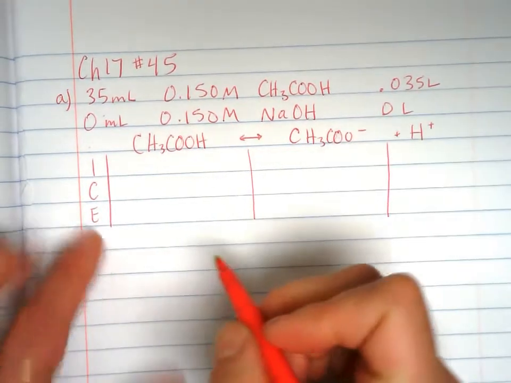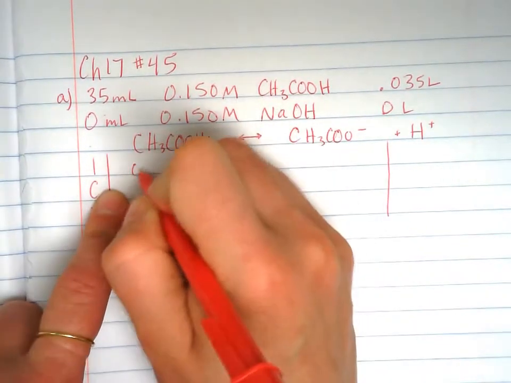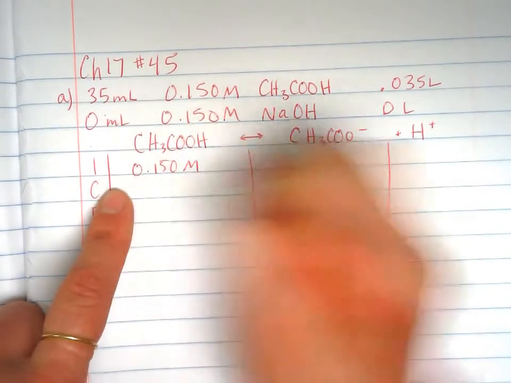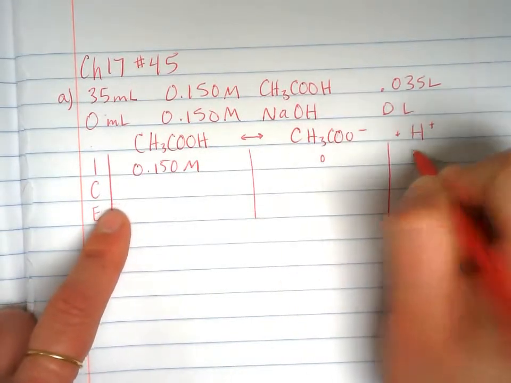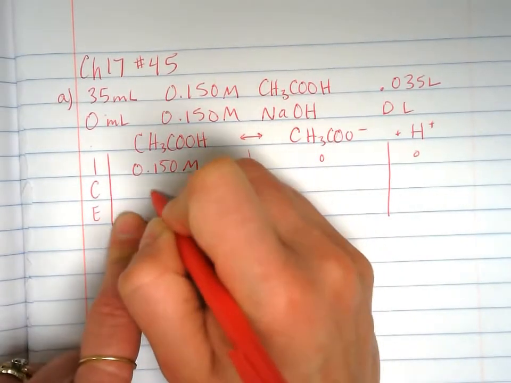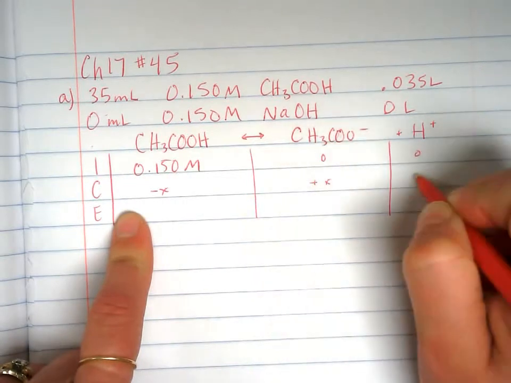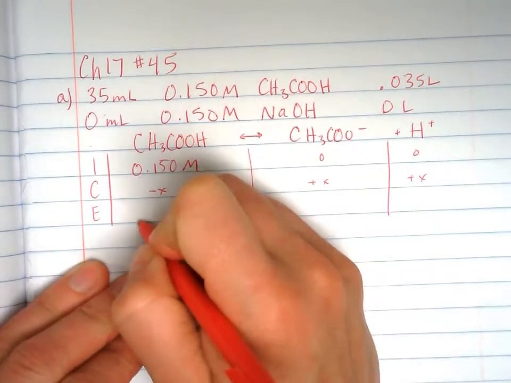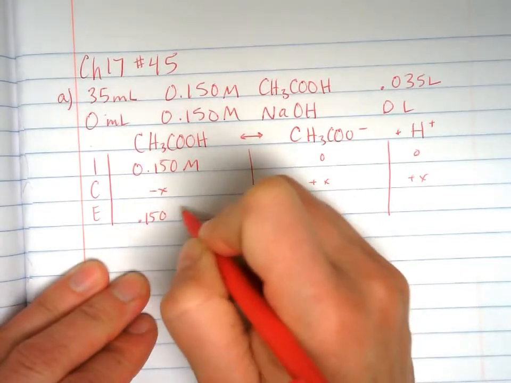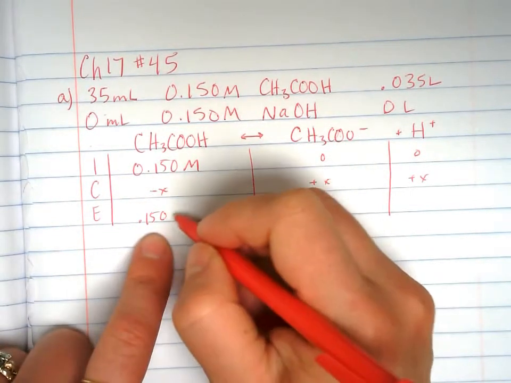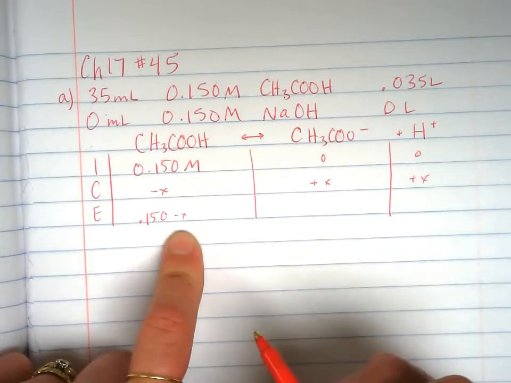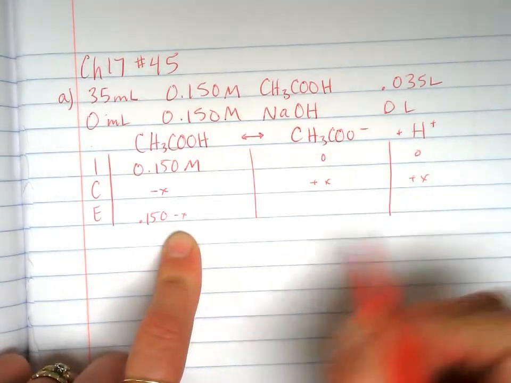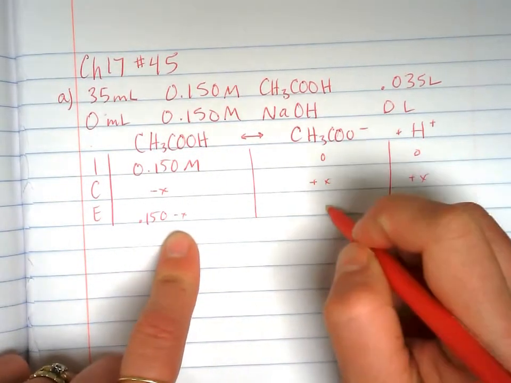So let's get our concentrations out. So I have 0.150 molar, 0 and 0. This is going to change by X. Because this is a weak acid, I know this X isn't really going to do much here, so in my equation, when I solve for H plus, I can just ignore it.